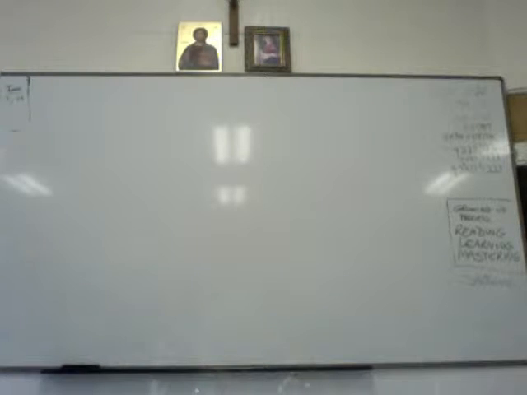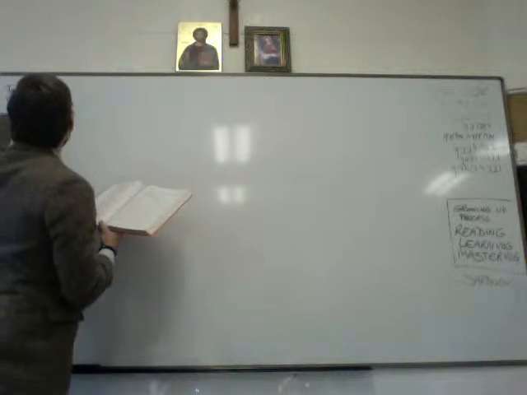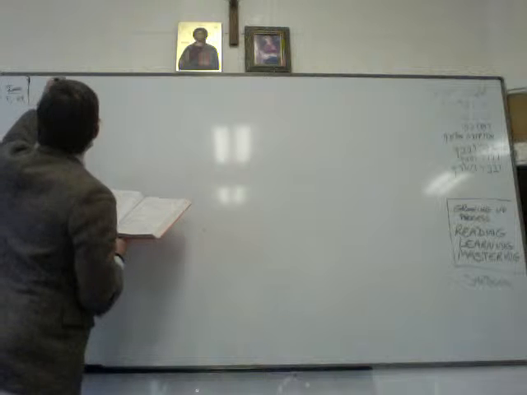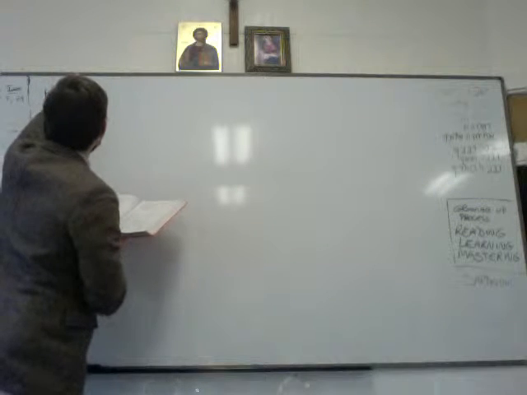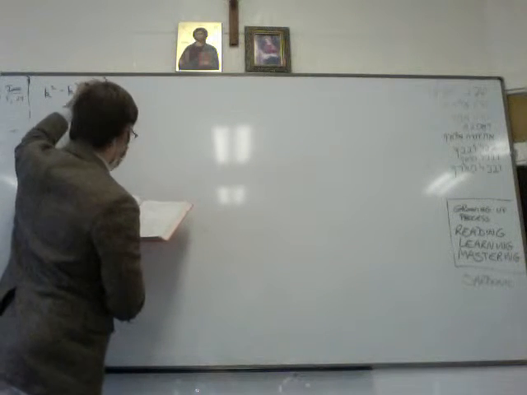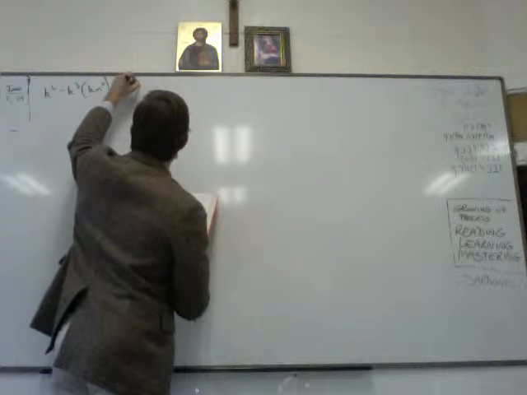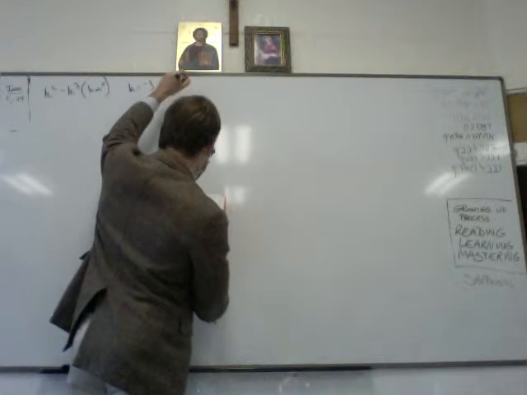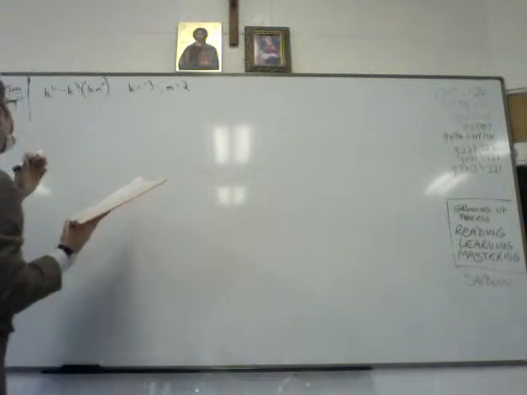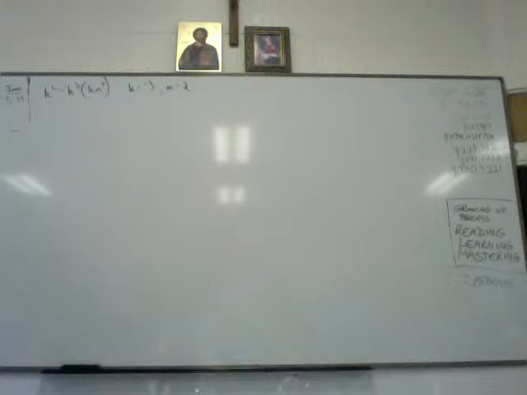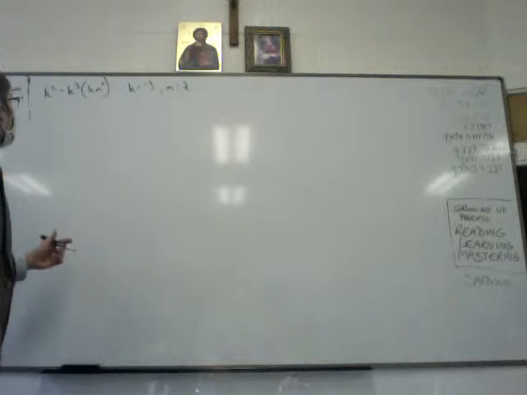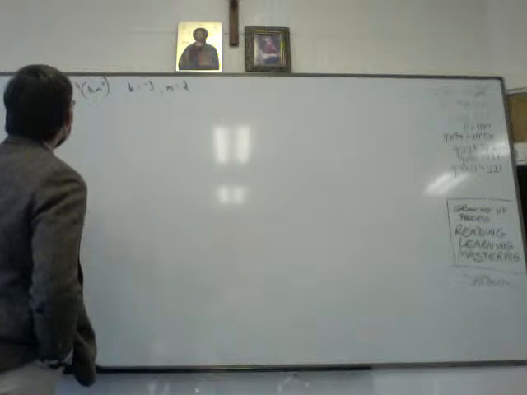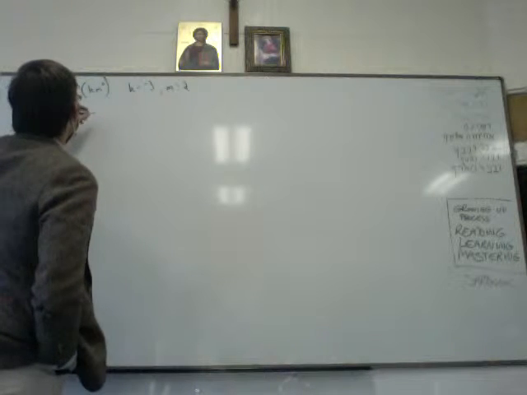Page 155, number 24, k squared minus k cubed times k m to the 0, if k equals negative 3 and m equals 2. Okay. Before we do anything else, why don't we simplify this a bit? K times m to the 0 is just k.